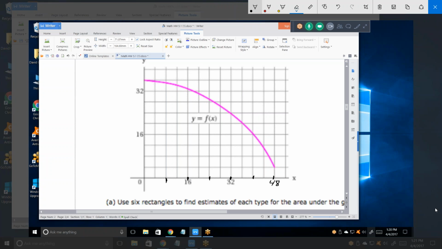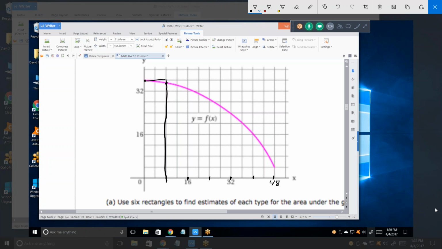I don't know, but I think it's worth understanding left RAM and right RAM, because it gives you a starting point. In other words, if I want to know how to draw my first rectangle, well, I know its width, but where do I begin it up top? Well, if I'm using left RAM, then I pick its upper left corner and match it to the function and draw a rectangle. Second rectangle, I do the same thing.